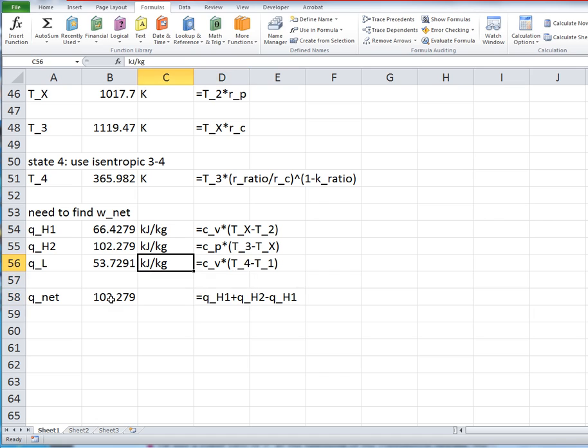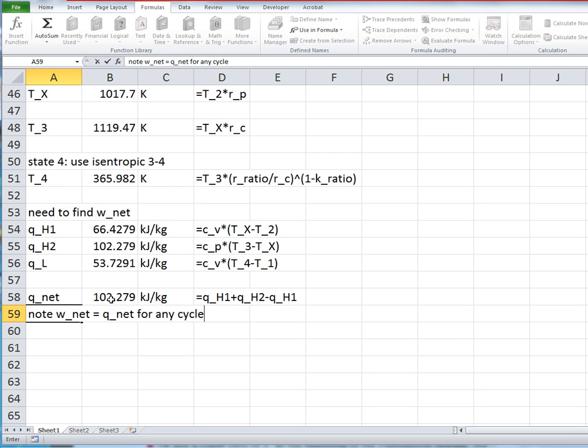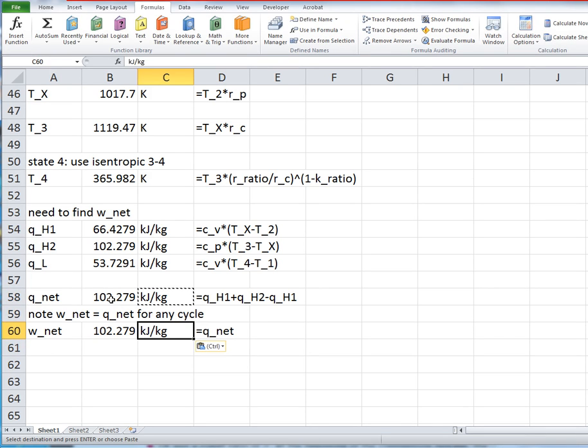And that's kilojoules per kilogram in the cycle. And just note that W net is equal to Q net. So this is kilojoules per kilogram of mass in the cycle.